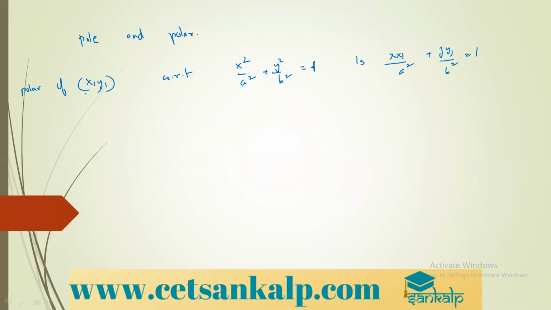And this point x1 y1 is called pole. This equation is the equation of polar. So these are the few new terms which you will be learning in this chapter, ellipse.